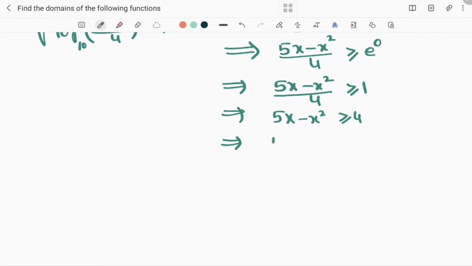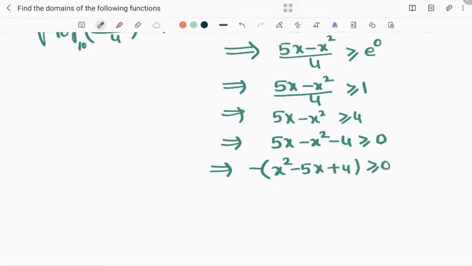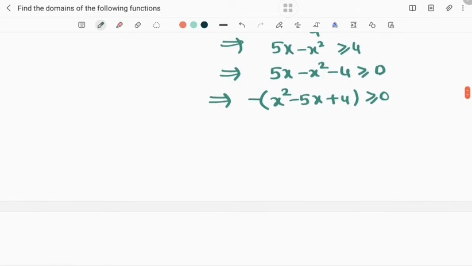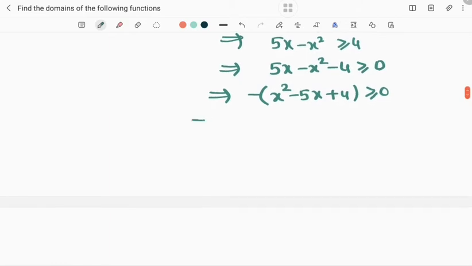So 4 we can take this side. 5x minus x square minus 4 is greater than or equal to 0. Minus, if you take out common, x square minus 5x plus 4 is greater than or equal to 0. If we remove that minus, inequality will change. Therefore, x square minus 5x plus 4 is less than or equal to 0.